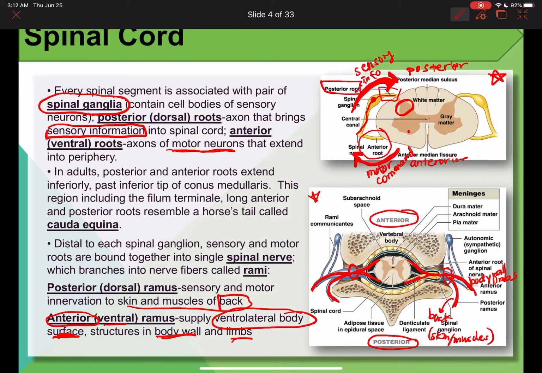Like if someone feels another person is poking their back, for example, in a question, and I will ask, is that sensory information going through the posterior or anterior ramus of your spinal nerves? And of course, because it has to do with the back, it's the posterior ramus of the spinal nerve, okay? So be expecting these type of questions on the exam.